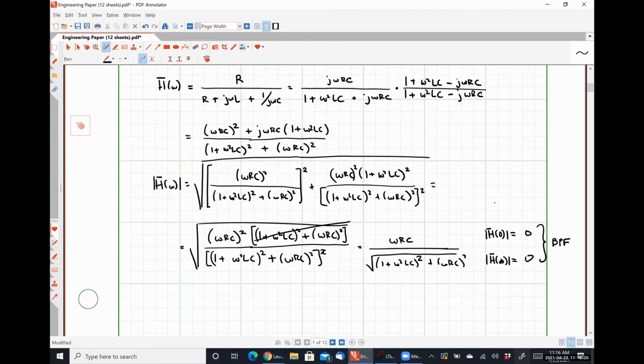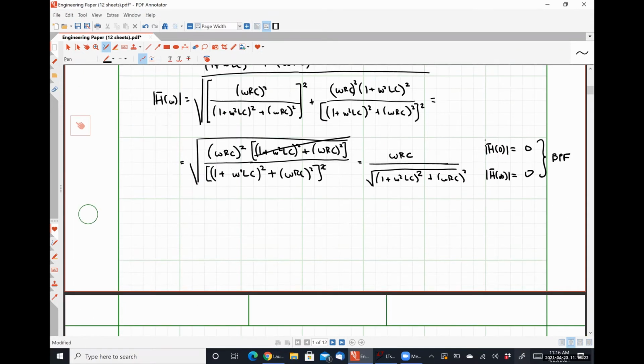This band pass filter, if you will recall, the frequency response for a band pass filter looks something like this. So this is going to be omega. This is going to be H of omega. Let's not put it in decibels, actually.